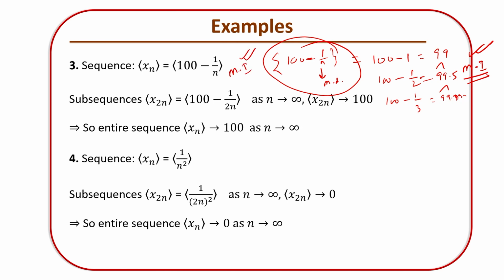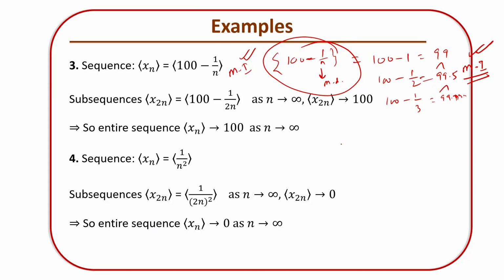Now look at the subsequence 100 minus 1 by 2n. Now we will explore whether this is a converging subsequence. Limit as n tends to infinity of 100 minus 1 by 2n is 100 minus the limit of 1 by 2n, and this will become 0.